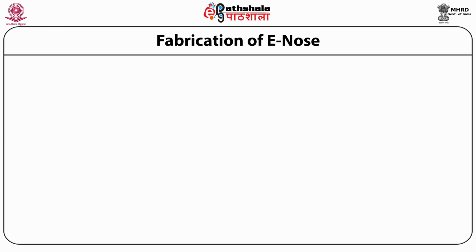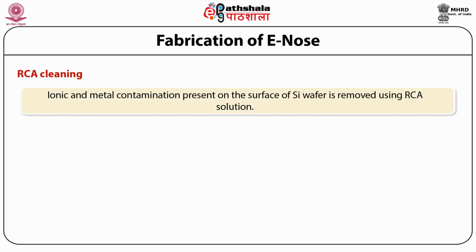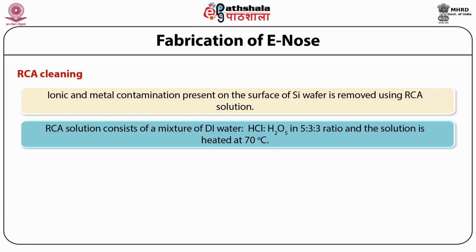Now, the second step is RCA cleaning. Ionic and metal contamination present on the surface of the silicon wafer is removed using RCA solution. Here, the RCA solution consists of a mixture of DI water, HCl, and H2O2 in a 5:3:3 ratio, and the solution is heated at 70 degrees Celsius.